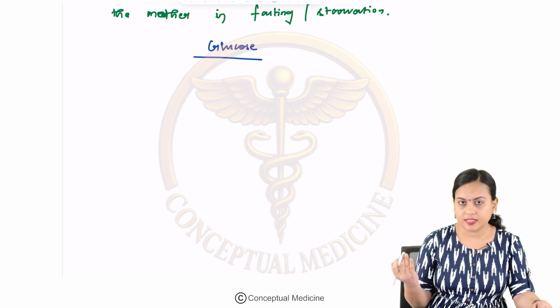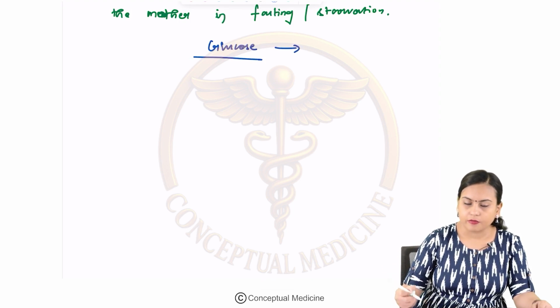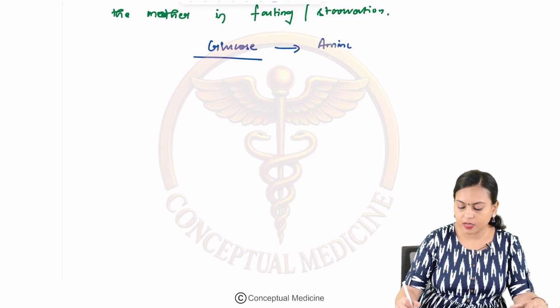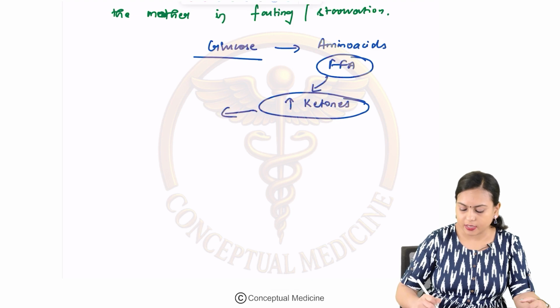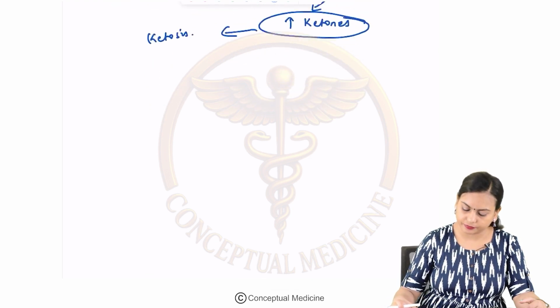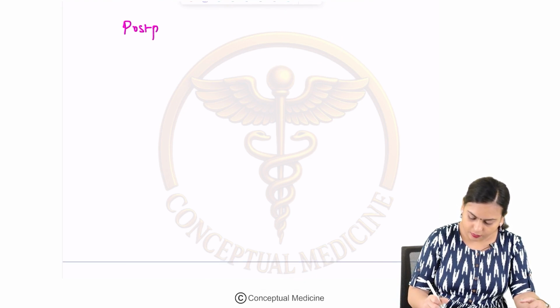And suppose there is a state when glucose is over, then the mother is going to consume amino acids and free fatty acids. When she is using free fatty acids, there is increased production of ketones and that can result in a state of ketosis. Clear?